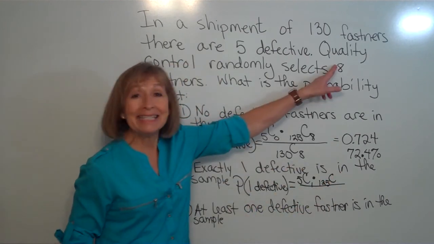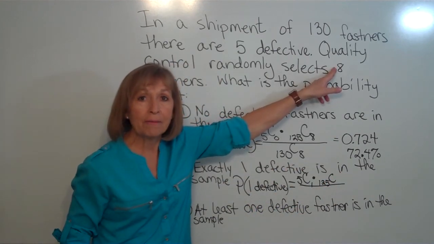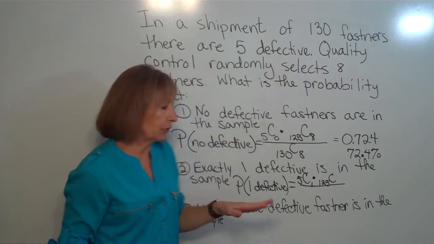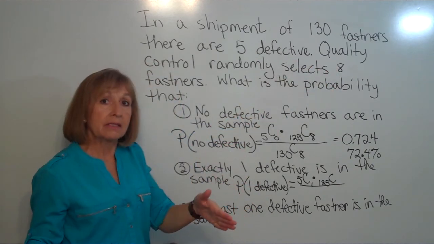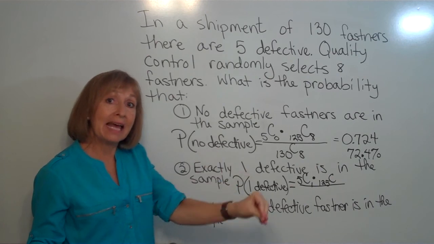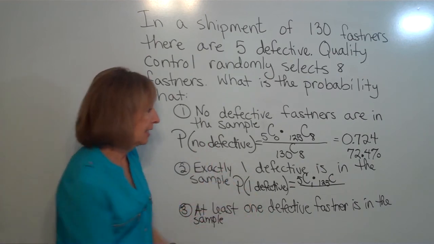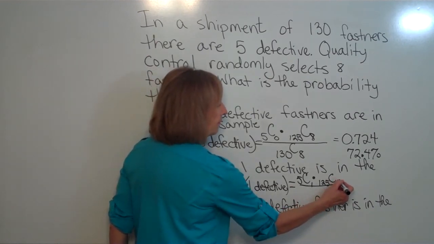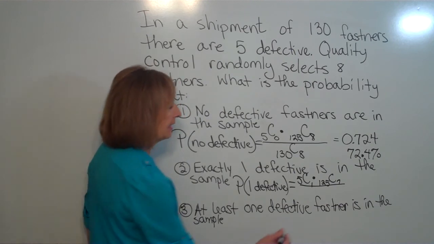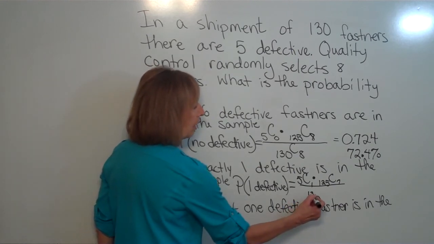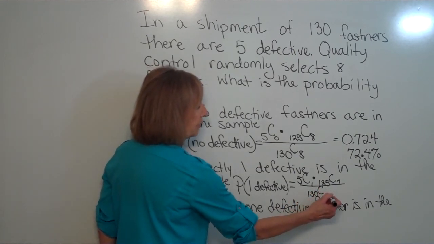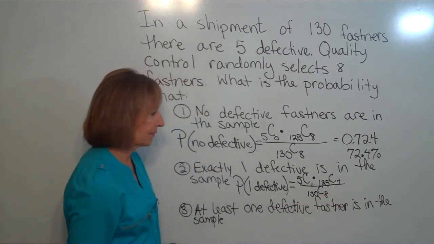And if I selected 8 total for my sample, and I'm looking at saying, well, 1 was defective, out of that 8, 7 of them had to be good. So I'm going to choose 7 there. And again, in the denominator, it's the overall 130 fasteners combination, choose your sample of 8.